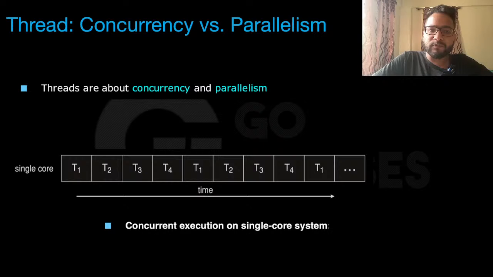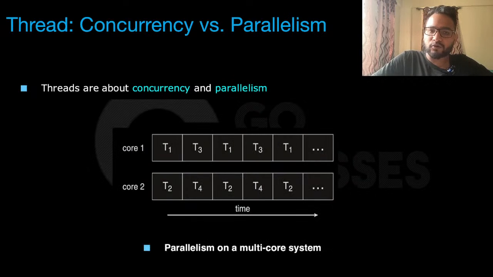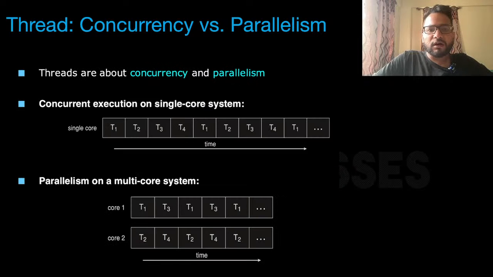So using a single CPU, you can have the concurrent execution. Similarly, if you are having multiple CPUs or multiple cores, then you can have the parallel execution. So there could be a parallel execution or there could be a concurrent execution. It depends whether you are having a single core or multiple cores, right? Great. So this is a single core, this is multiple cores.